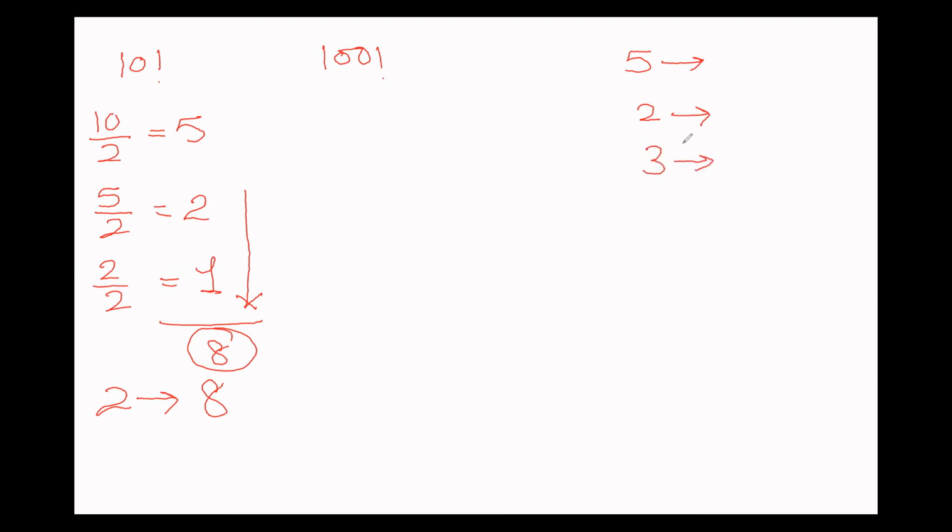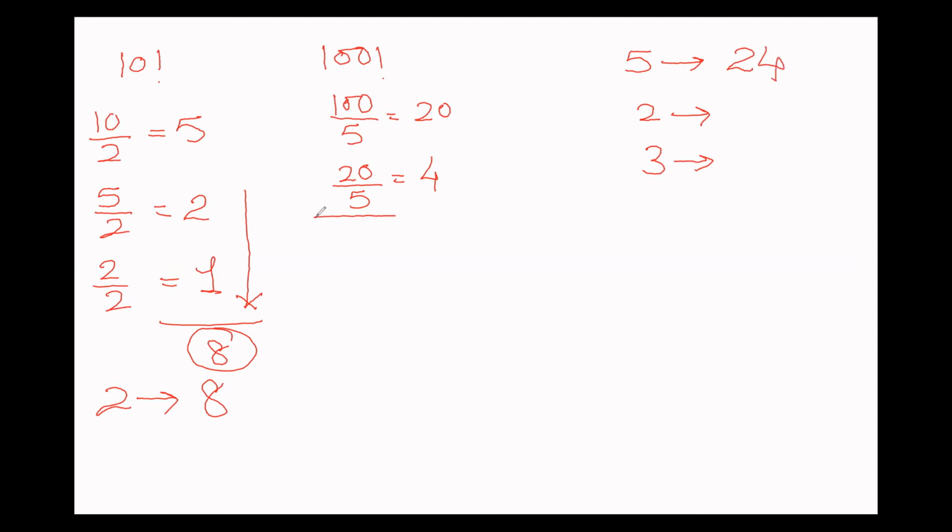I will start by dividing by 5. 100 by 5 will be 20. 20 by 5 is going to be 4. Further division is not possible. So the number of 5s is 24.